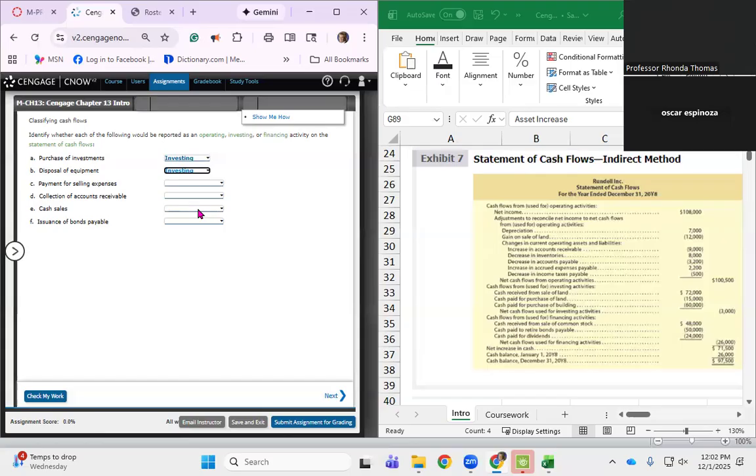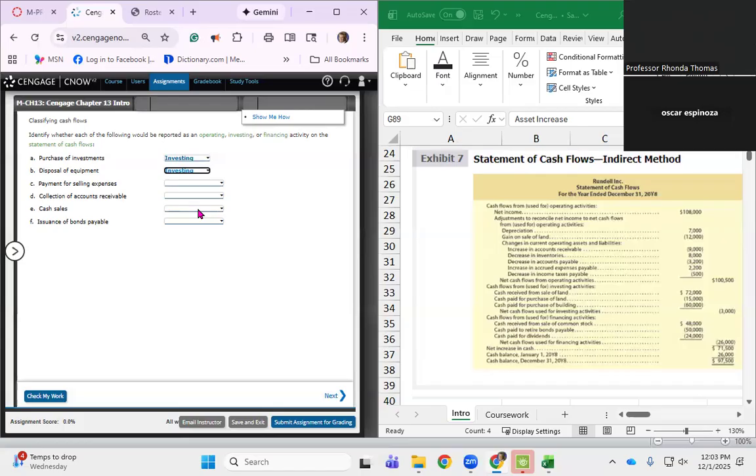That actually could be an outflow. So it just depends on if we had to pay to dispose, if there's a disposal cost, a disposal charge. Okay, so I just want to put that there, that could be a maybe.